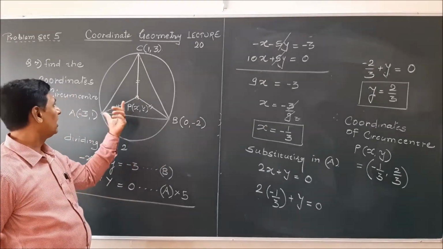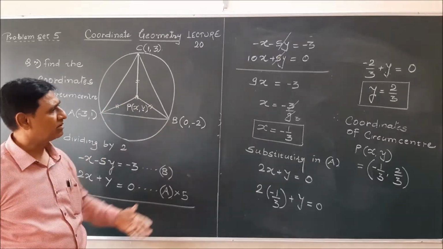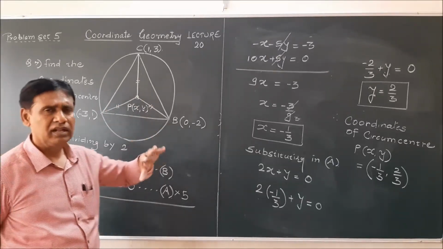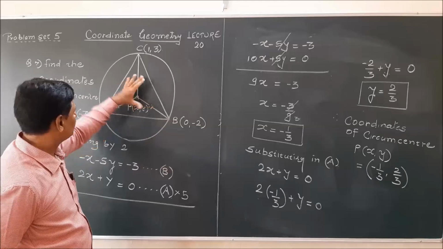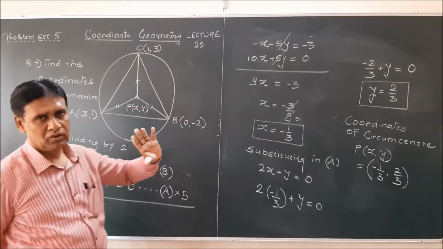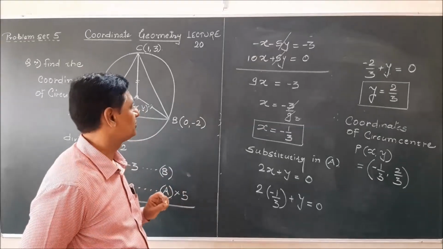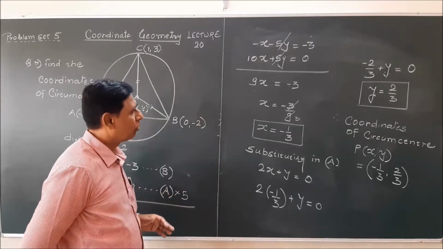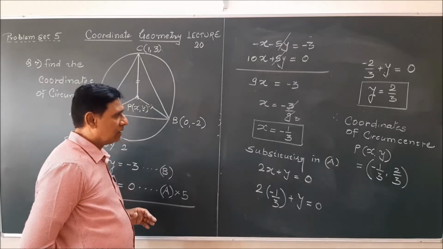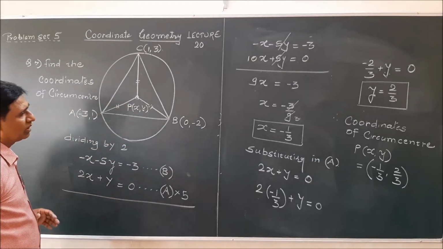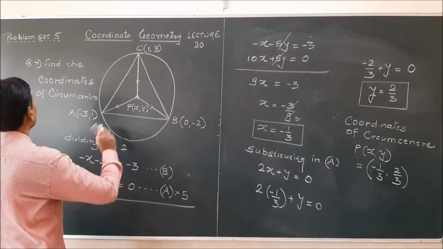Then we equate AP, CP, and then we got the second. Whatever it is, only remember, you can equate these two or you can equate these two. You have to obtain two simultaneous equations. So this is how you will find the coordinates of circumcenter P(x, y) are minus 1 upon 3, 2 upon 3.